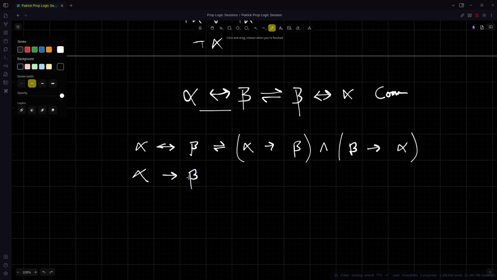You can just do simplification, right? Do simplification, exactly. And if I know this is true, if I know alpha is true, then I can get beta is true. And that's just going to be a modus ponens.